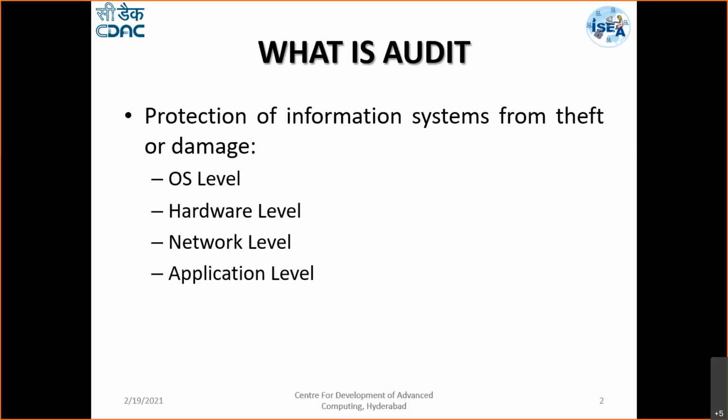The system will prompt that an update is available, but somehow we forget to update and we miss that update. So to check whether the system is updated and running its updated operating system, we need to do the audit of devices, also of the operating system running on that device, on the application level, and on the hardware level also.